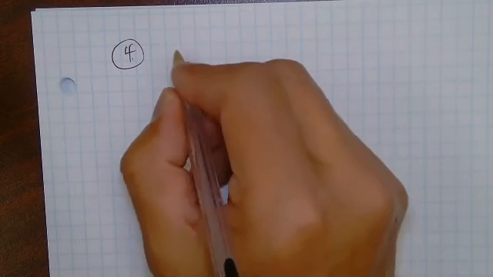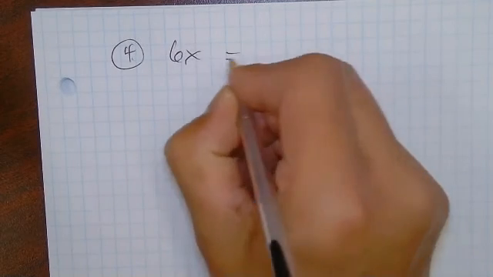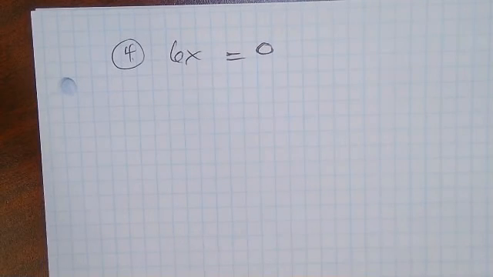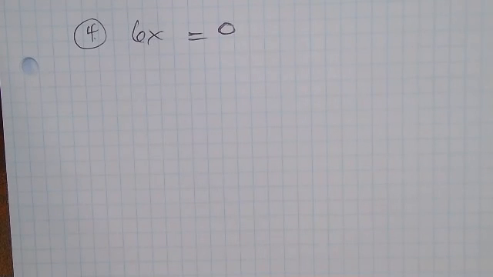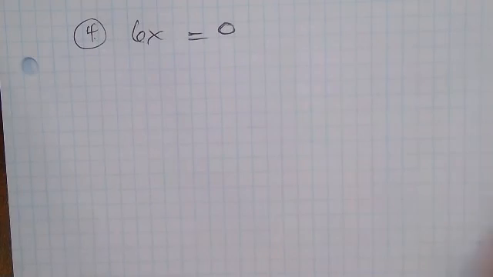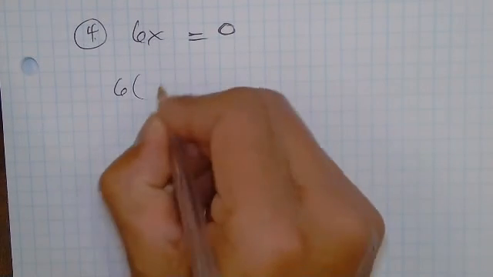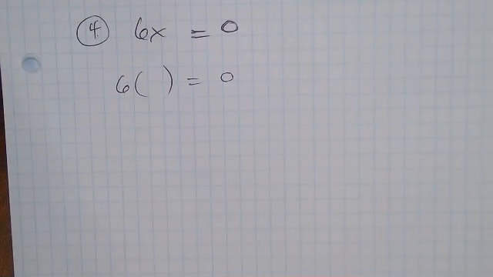And how about number 4? Again, you should know all this already, right? 6x equals 0. I'm putting everything equal to 0. Anybody can tell me how to solve that? 6 times what number will give you 0?